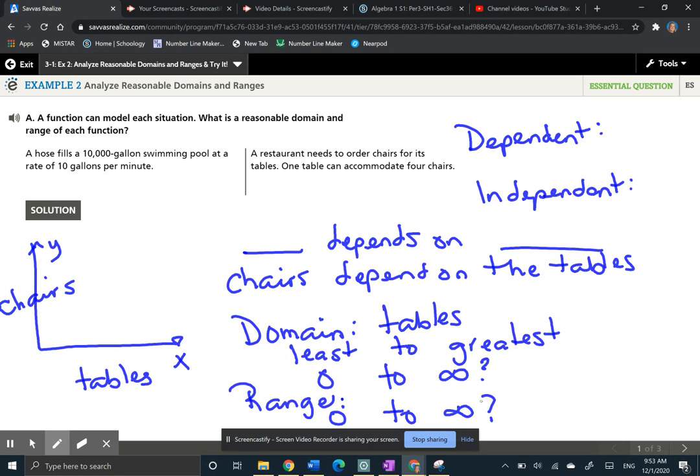So let's say they had 100 chairs. So then your range would be 0 to 100. So this one your domain would be 0 to 20 if your restaurant only had 20 tables. And we'll talk about that notation in a minute. And then for your range, it would be 0 to, let's say, 100 if they had 100 chairs altogether.